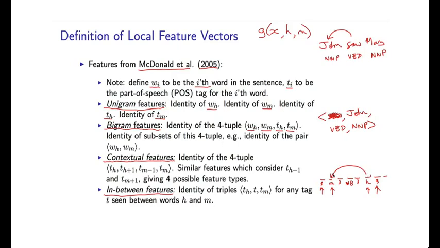Empirically, at least in English, the chance of seeing a dependency crossing certain parts of speech, such as a verb, is much less than the chance of crossing other parts of speech. So McDonald introduced features which would track the tag of the head, the tag of the modifier, and also check whether a particular tag, for example VBD, was seen between these two words. This turned out to be another useful feature type.